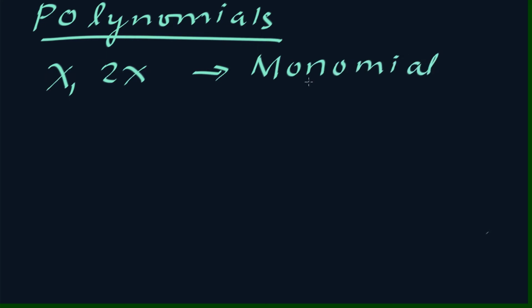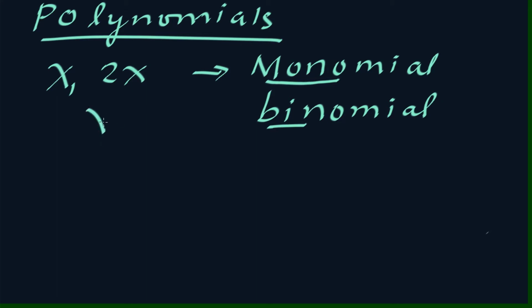So monomial, from the prefix mono, means single term. Now, when we have two terms combined, we can say this polynomial is called a binomial.